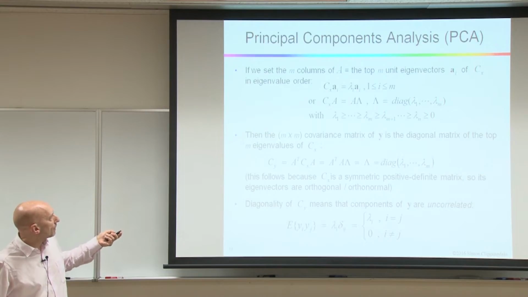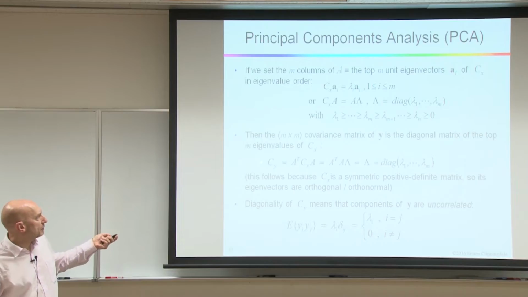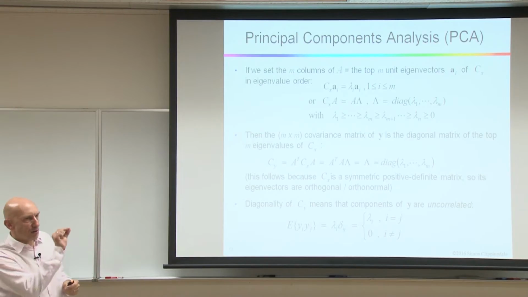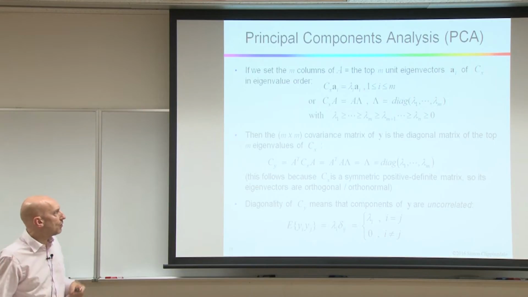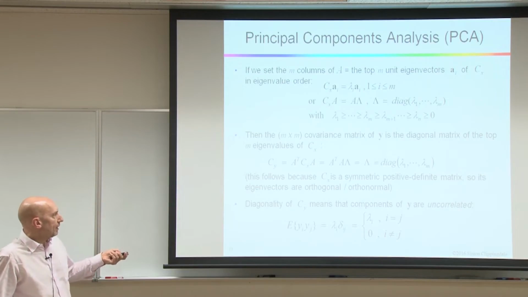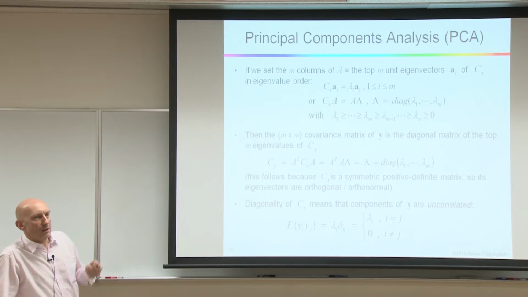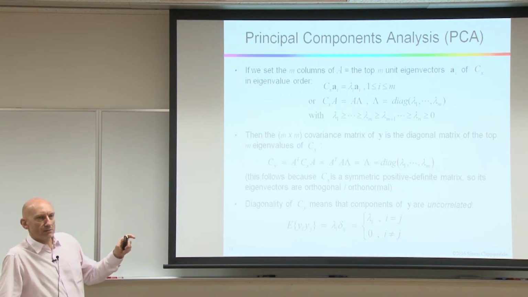Effectively, the benefit of doing this is that the covariance matrix of Y, if you choose your transform A like this, turns out to be diagonal, so it's 0 everywhere except a few elements on the diagonal. And what that means is that the components of Y are uncorrelated with each other, and that means that you don't waste bits transmitting redundant correlated information.